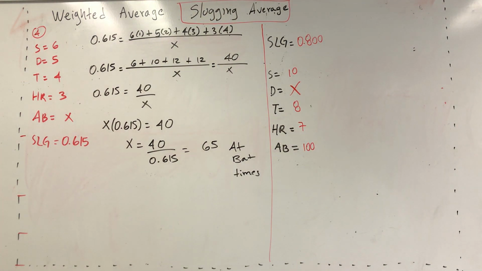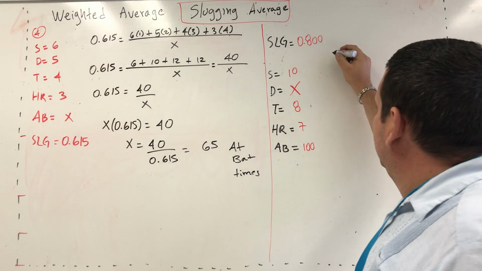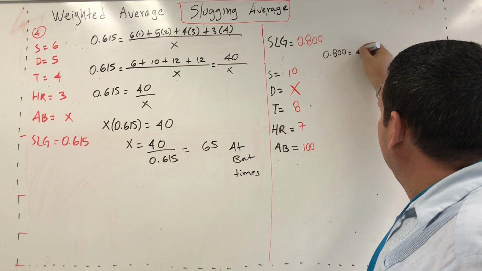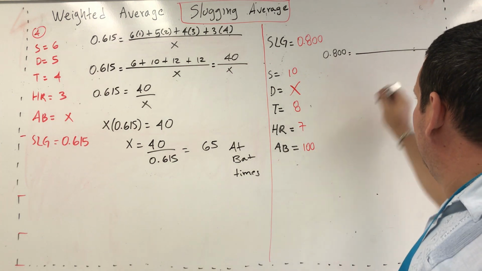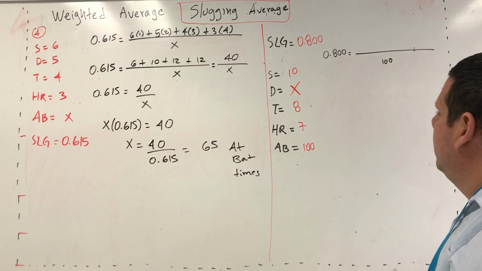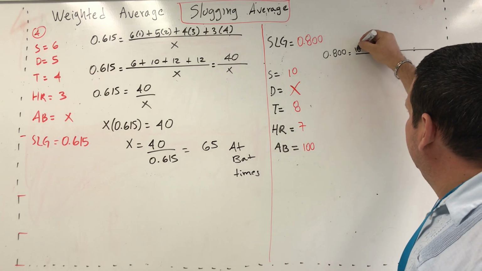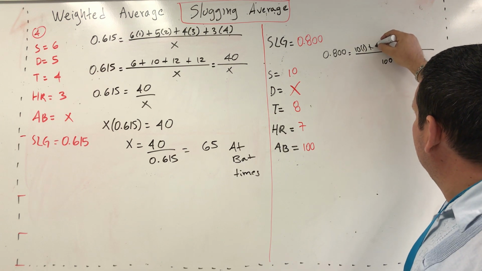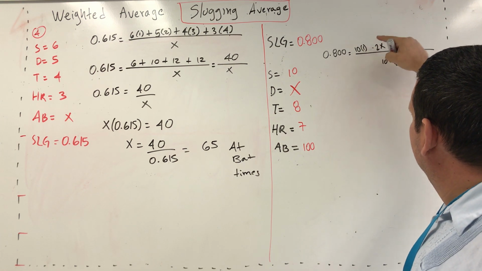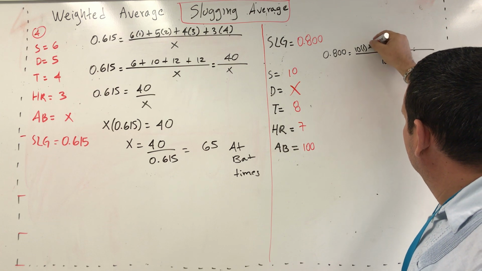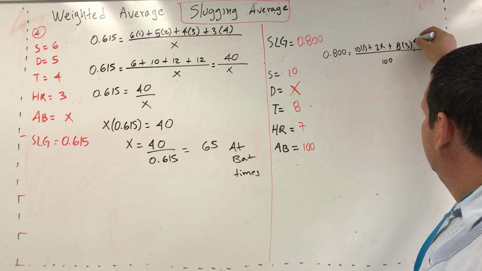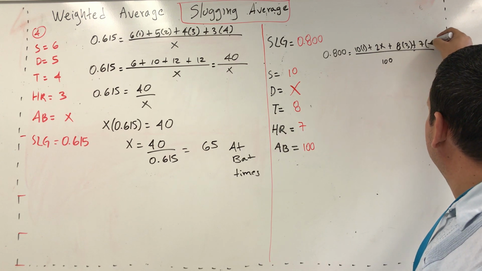Once again, following the same procedure, we start with the slugging average equals 0.800 equals at bat is 100, so we write the 100 right here, and then the singles is 10 times 1 plus doubles, we don't know, so it's just 2x plus 8 times 3 plus 7 times 4.